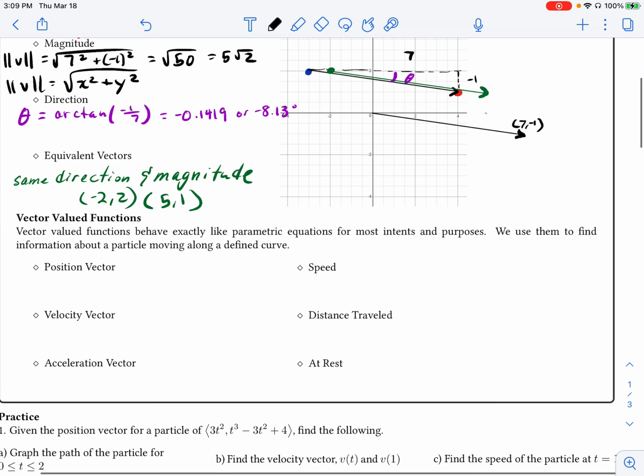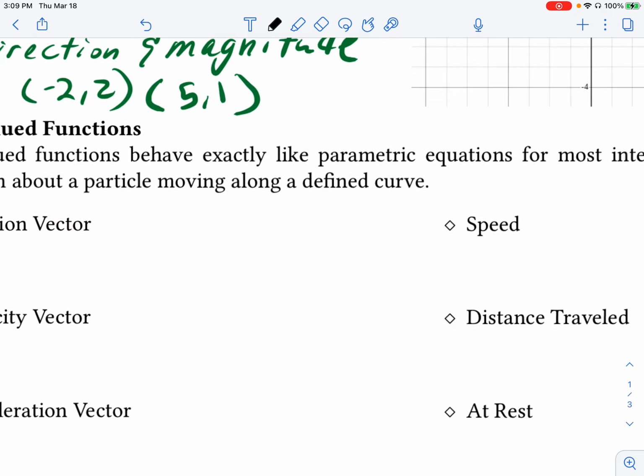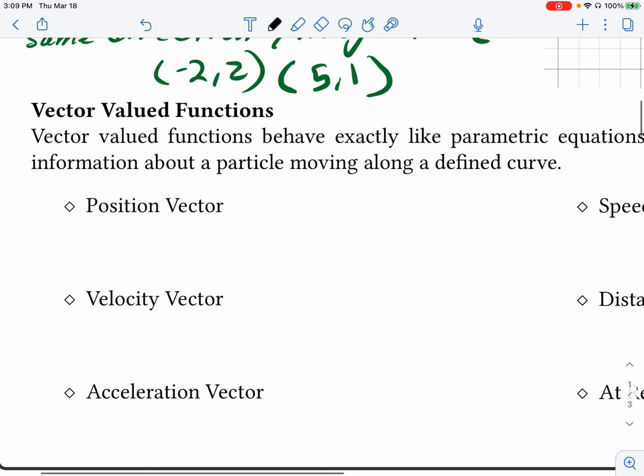Now let's move on to talking about vectors as functions, or vector valued functions. So I mentioned earlier in the video that vector valued functions effectively work like parametric equations. So we are going to use these to give ourselves some information about things like the position, the velocity, and acceleration, all concepts that we've covered in this course. So in the context of vectors, let's start talking about things like the position vector.